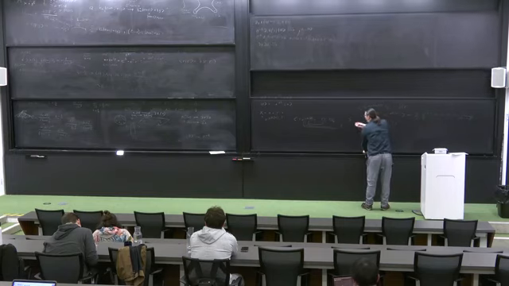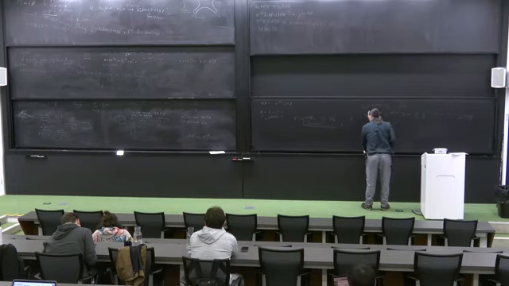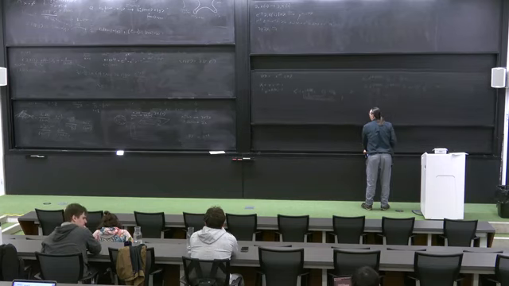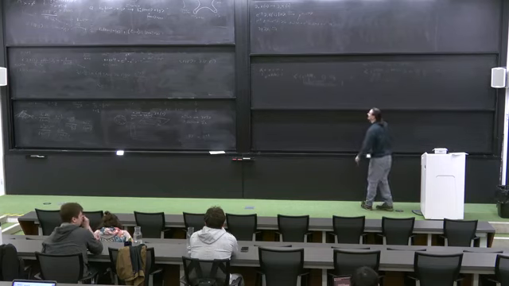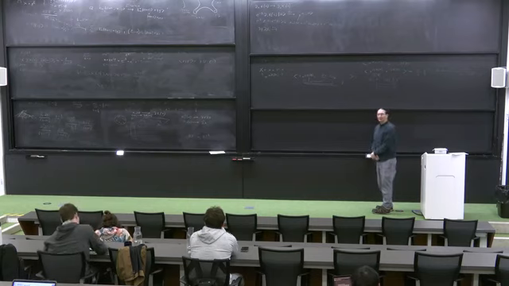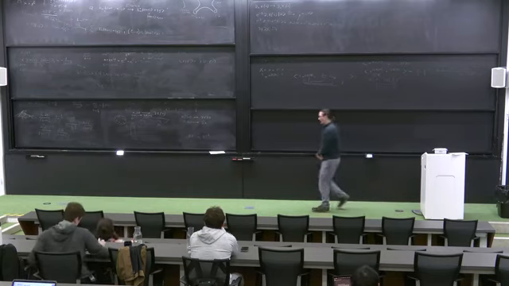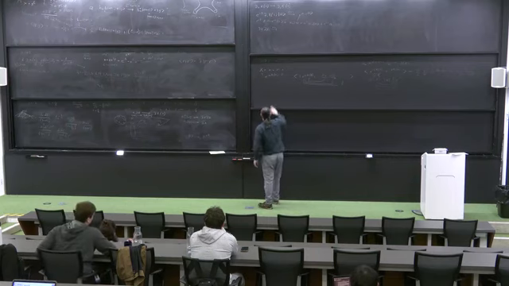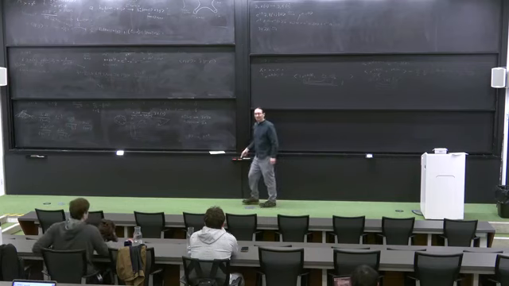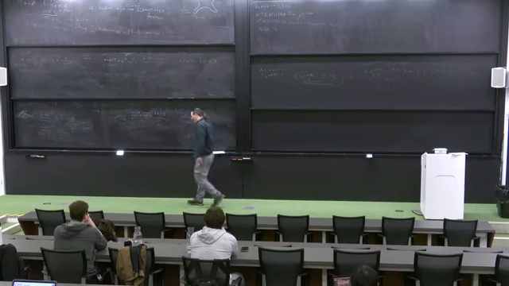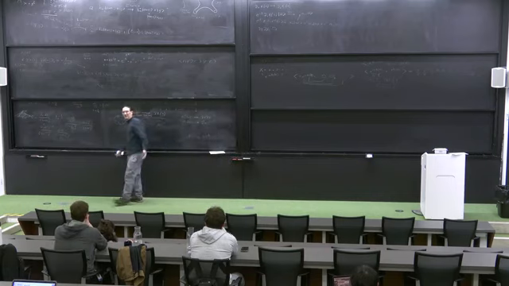Now, this definition is fine on the plane, but it's not really insightful. How could we try to regulate this expression? I kind of want to do a point splitting regularization of some sort.